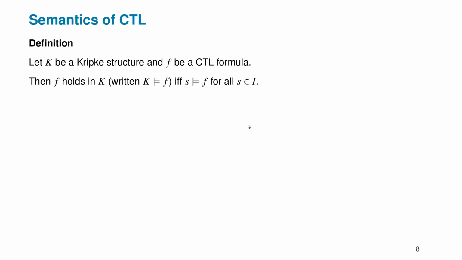Yeah, and now by having the semantics of the operators with respect to one state, we can define the semantics of a full Kripke structure. We say that a CTL formula F holds in a Kripke structure K, which we write also with this entailment symbol, with K on the left and F on the right, if and only if F holds for all initial states.